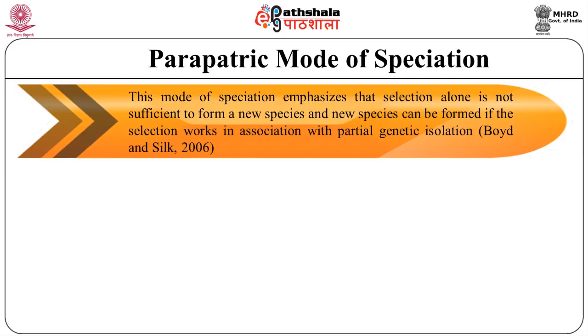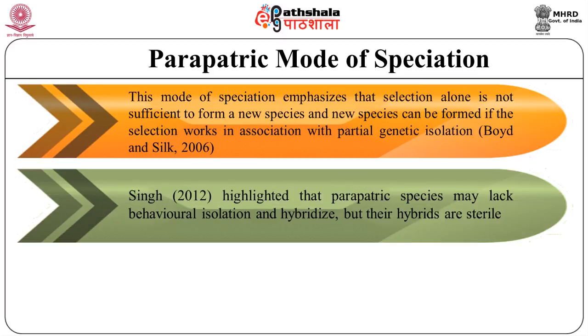Under such a situation of slight distributional overlap, such as at habitat boundaries, members of 2 different species having different characteristics may mate and produce hybrids. Singh in 2012 highlighted that parapatric species may lack behavioral isolation and hybridize, but their hybrids are sterile.